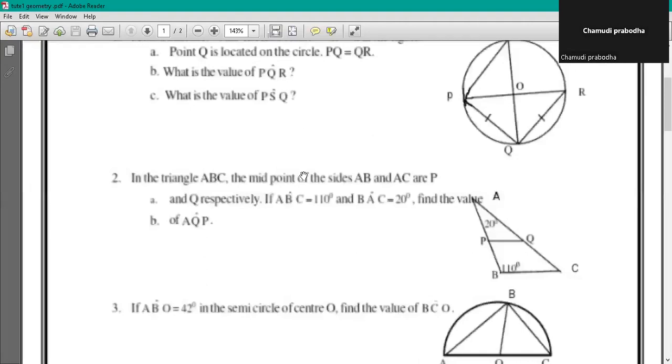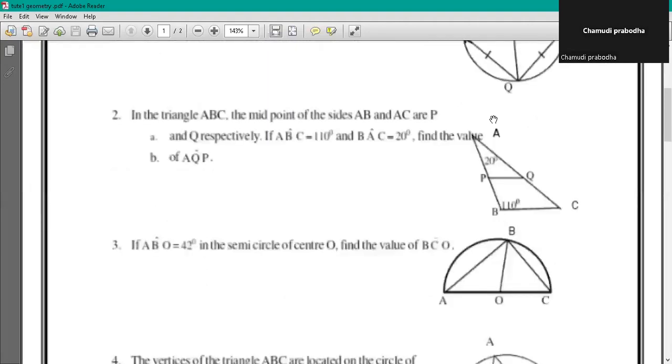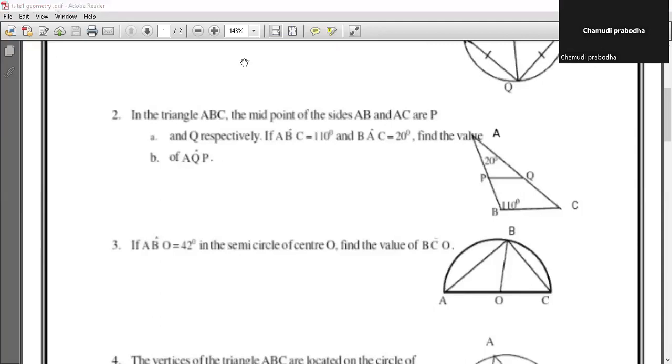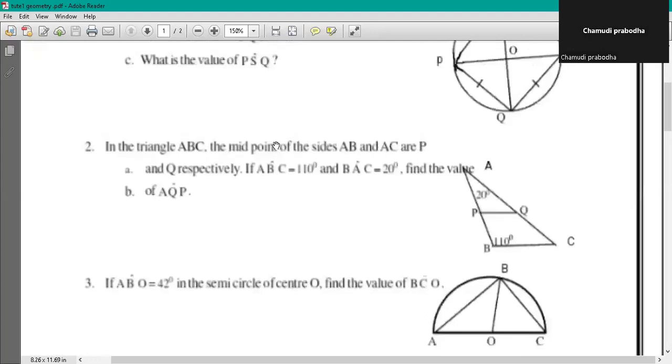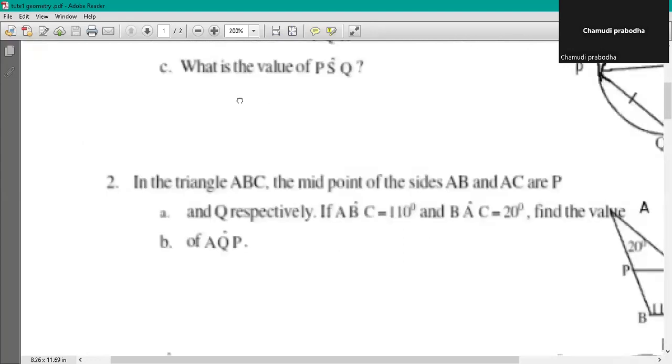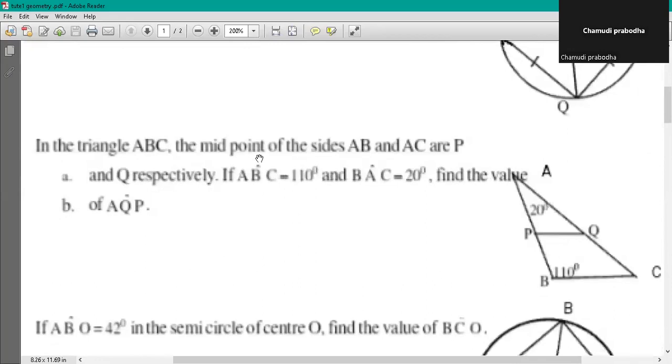In the second question, it is a problem based on the midpoint theorem, application of the midpoint theorem. In the triangle ABC, midpoints of the sides AB and AC are P and Q respectively. If the angle ABC equals 110 and angle BAC equals 20, find the value of angle APQ.